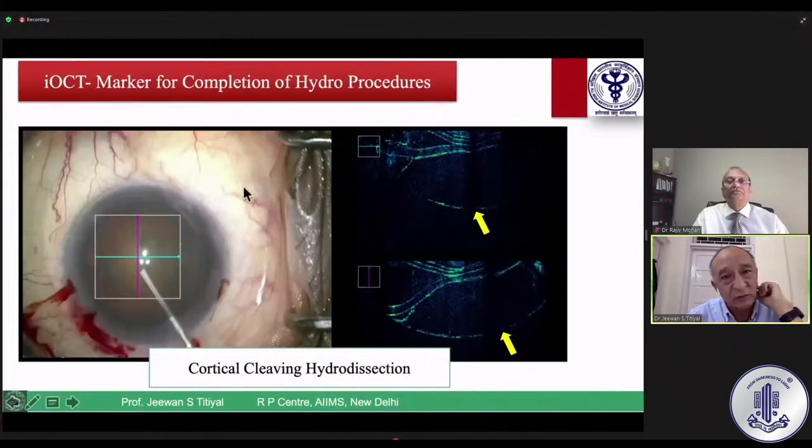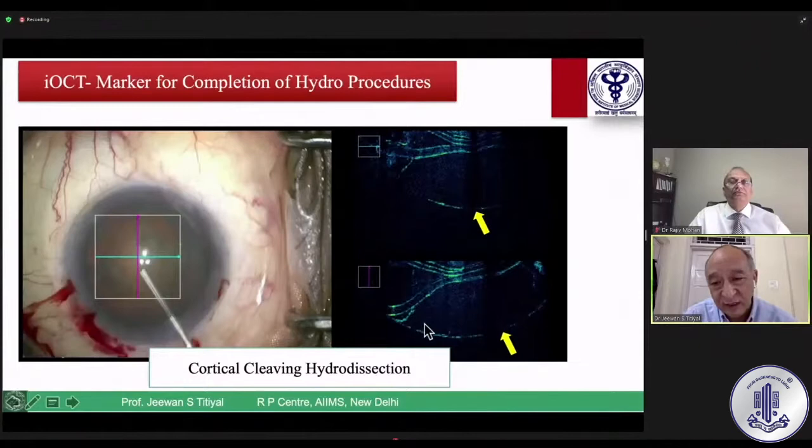Second was looking into hydro procedures. We classically teach our students the completion of hydrodissection or delineation. We always say there will be upbulging of the lens diaphragm, a decrease in the glow, and you can see the peripheral rings of the nucleus, delineation and rotation. But we could not see what is actually happening morphologically, and how the waves are created in these cases.